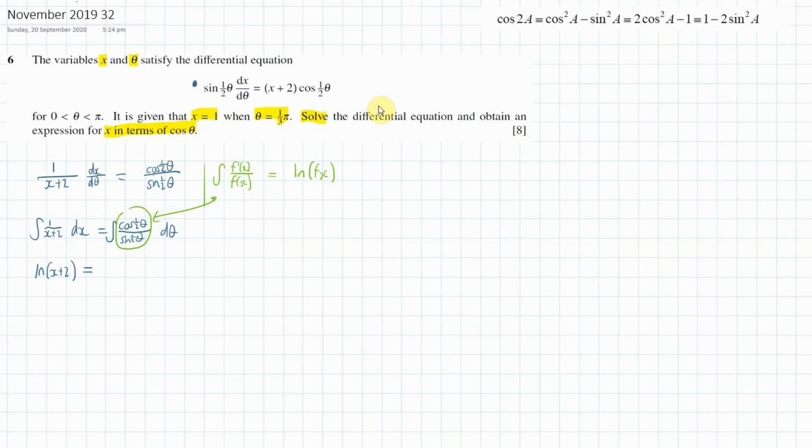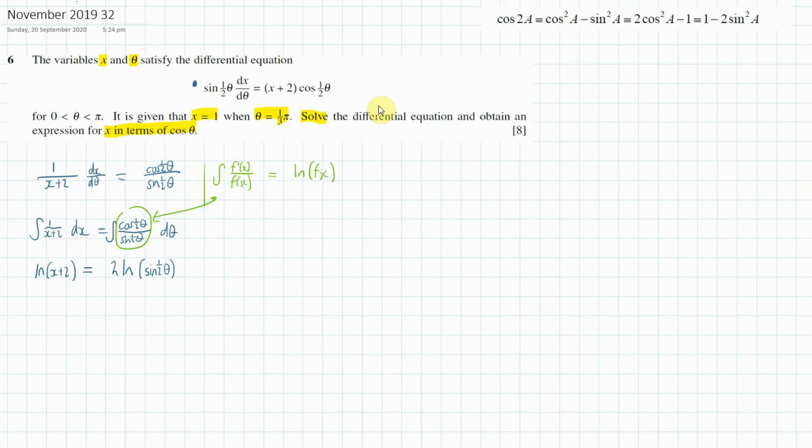So when I integrate this, I'm going to have ln sine 1/2 theta and I'm going to have a 2 in front of the ln. Now you might wonder why that is.